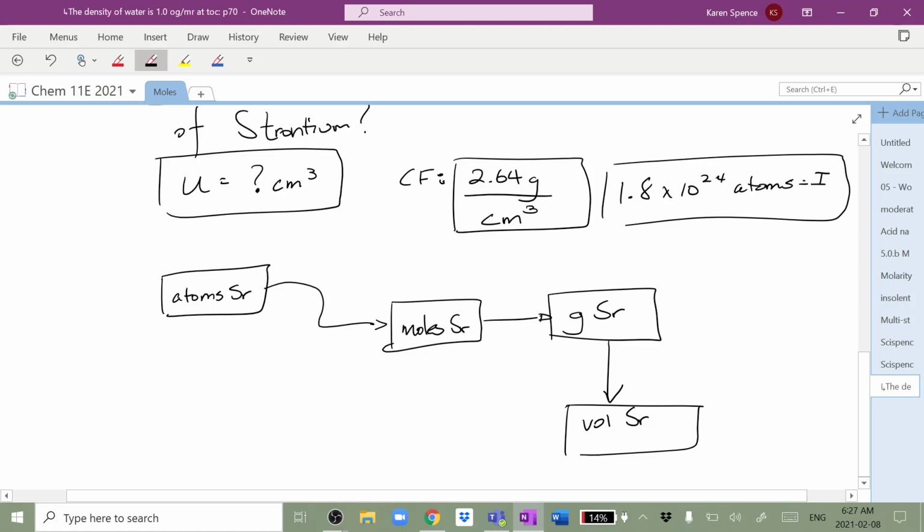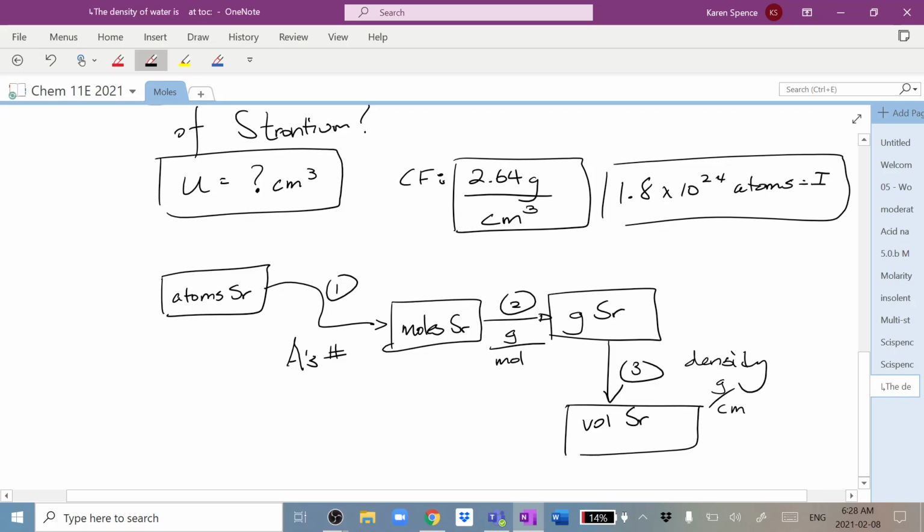All right, so that's going to be a 1, 2, 3-step process. Avogadro's number here. Moles and grams, that is our molar mass. Grams per mole. And going from mass to volume of a pure substance, we are going to use the density, which is grams per centimeter cubed here.